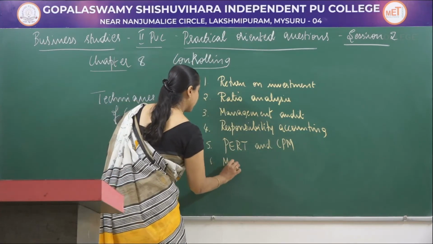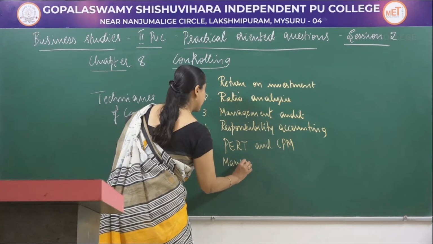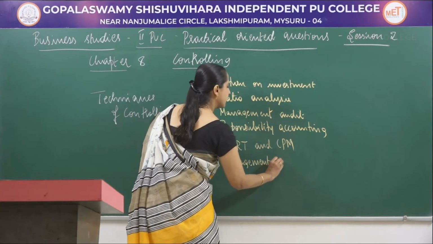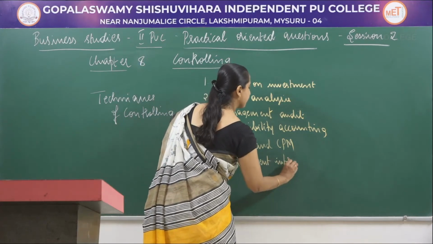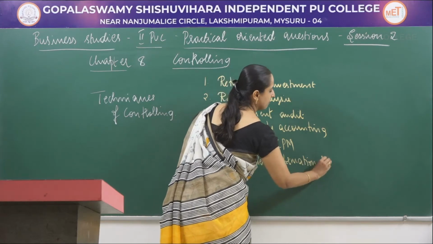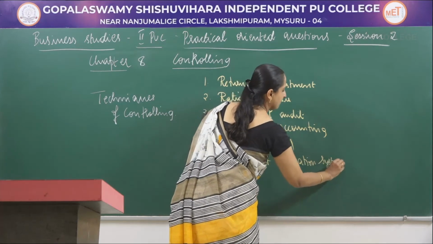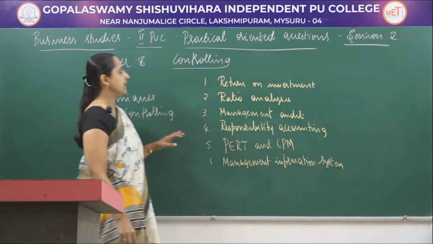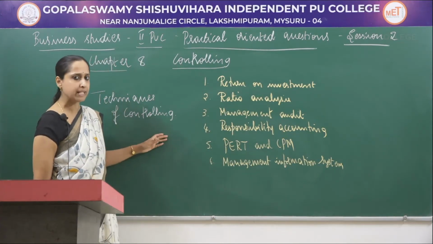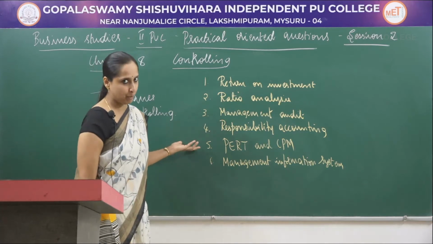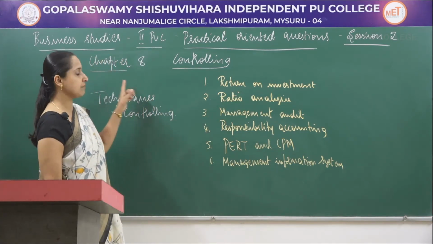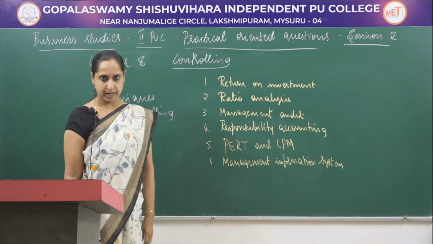Sixth one is management information system. So these are the various techniques of controlling. This is for 5 marks, so it's better you write any 5 points, 5 techniques of controlling. So this practical oriented question is asked from chapter 8, that is controlling.